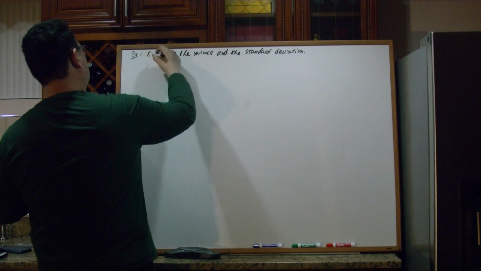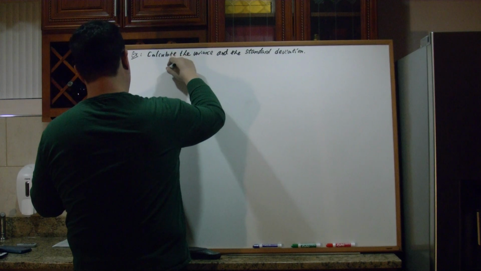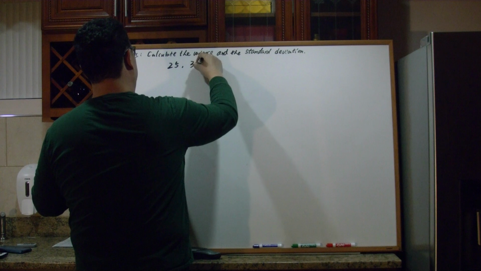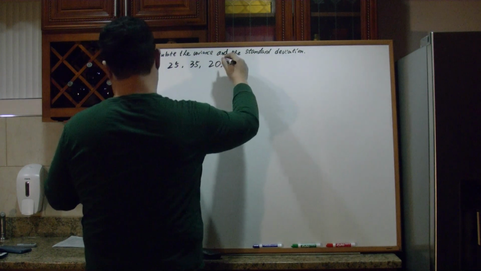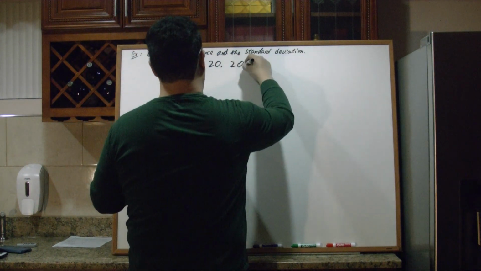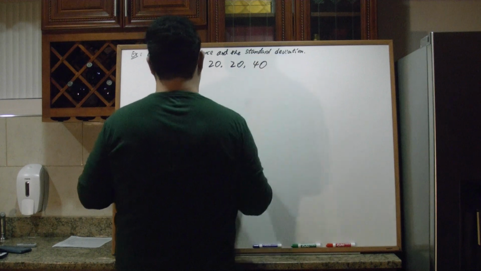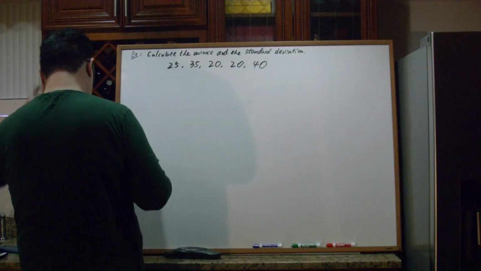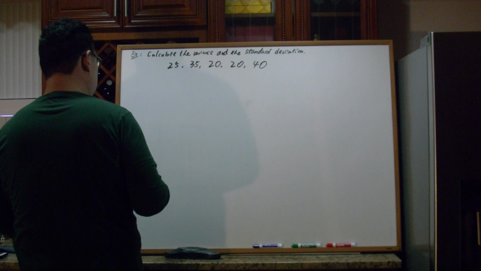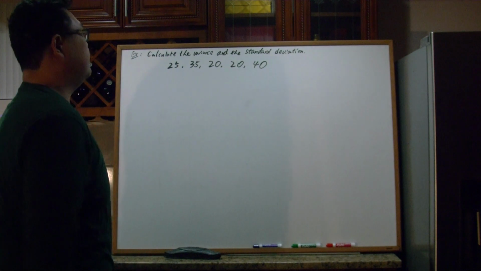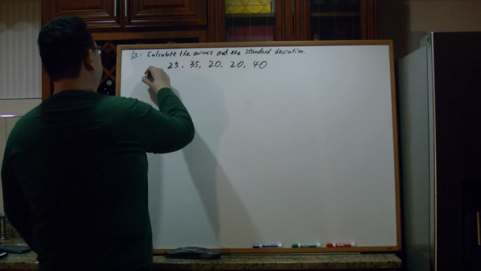So try this one out. We get data 25, 35, 20, 20 and 40. So find the variance and the standard deviation. We do the similar thing.